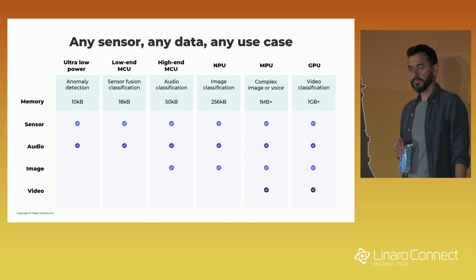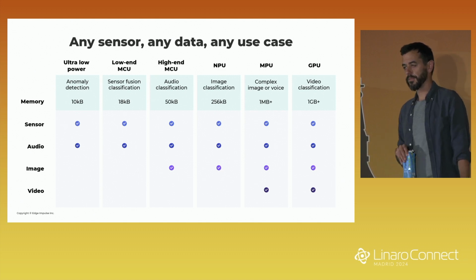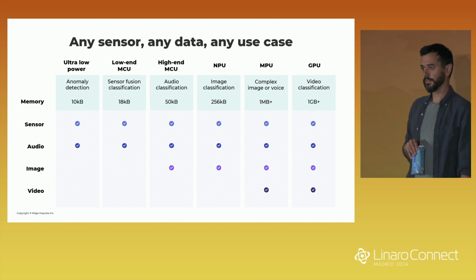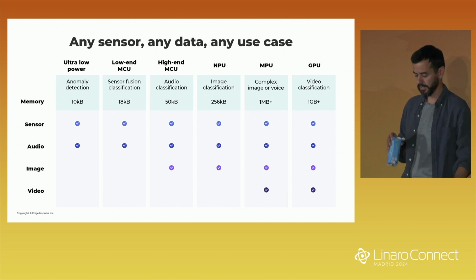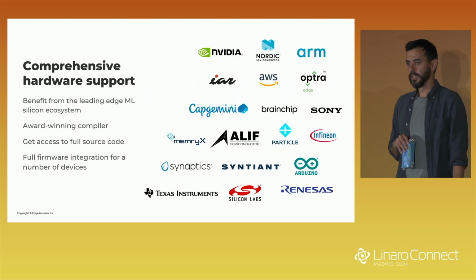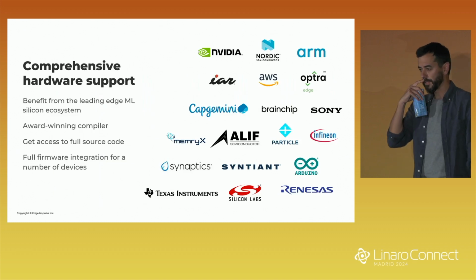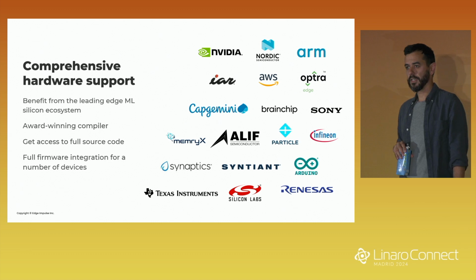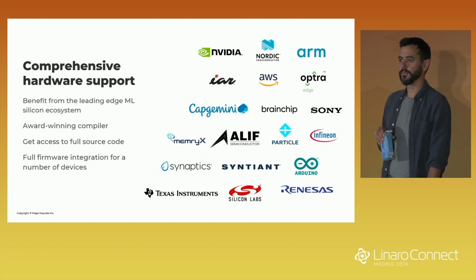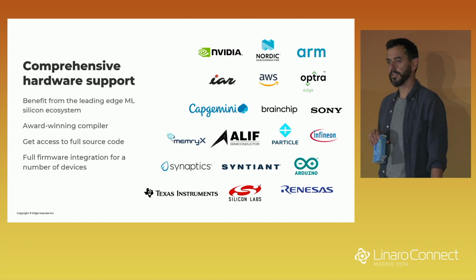Any sensor, we go from ultra low power to crazy GPU, Jetson Nano style devices, and we try to make everything work as much as we can on low power devices. Comprehensive hardware support, and I don't want to get too much into this, but we benefit from all the silicon ecosystem.